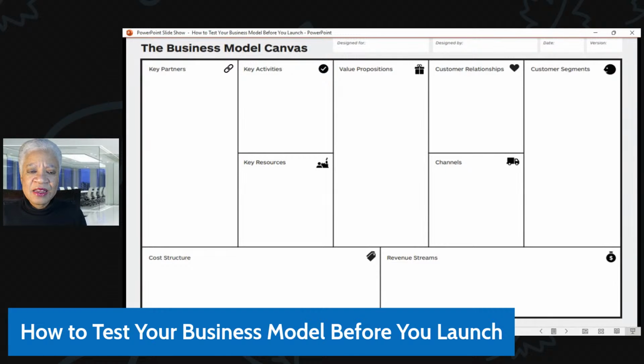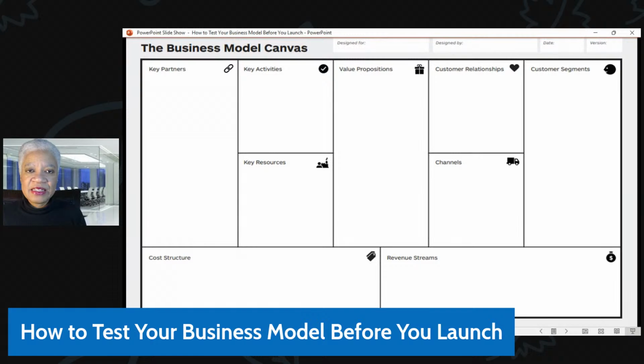All right. And we shared yesterday that the center of your business model canvas is those value propositions. So whereas the value proposition told you what's valuable, the business model canvas tells you how you're going to deliver that value. It talks about the partners you're going to need in order to deliver value to your clients.